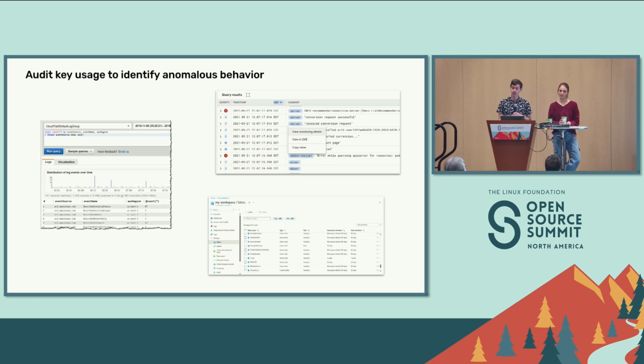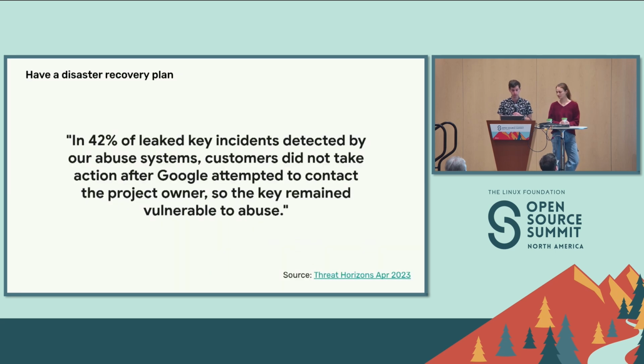The IBM Cost of a Data Breach report showed that attacks involving compromised credentials took longer to identify than other types of attacks because defenders needed to distinguish between legitimate and malicious user activity on the network, which makes threats harder to identify. Many cloud providers now provide automated tooling to monitor key usage and pre-built queries to identify anomalous behavior. It's also important to perform regular audits of who has access to which credentials and how they're being used.